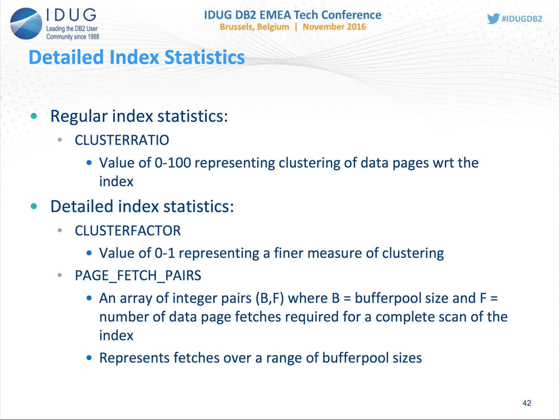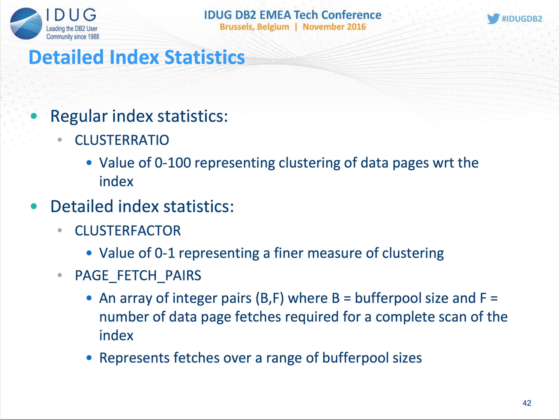There are two flavors of them. In the early days of Db2, back in version 2, it just had this cluster ratio stat, a value between 0 and 100. It represents the clustering of the data pages with respect to the index. If you read all the data pages through the index, you start with the probe into the index, get the RID, and then go find the data pages.